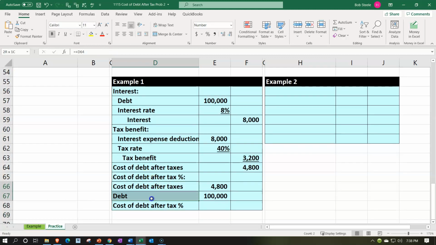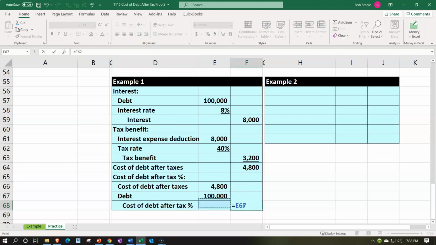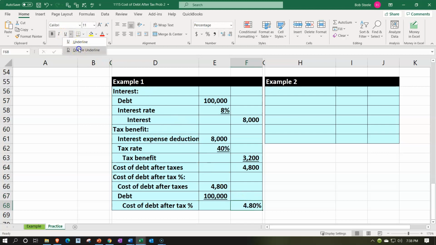Let's go ahead and indent here, alignment, indent, indent again. This is going to be the 4,800 divided by the 100,000, making that a percent, numbers group, percentify, adding some decimals, and then I'll underline it here, font group, underline. I'm going to double underline there. There we have it.